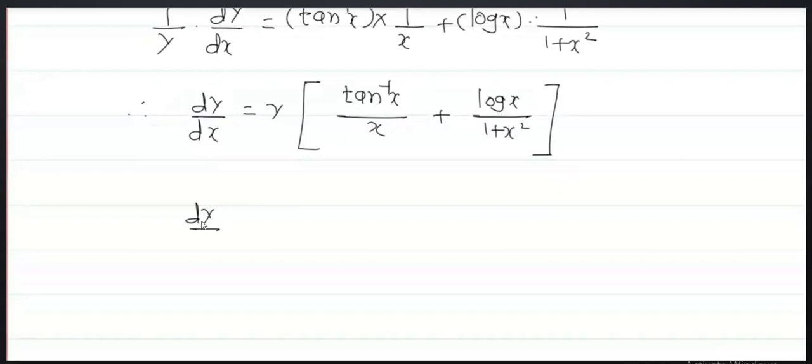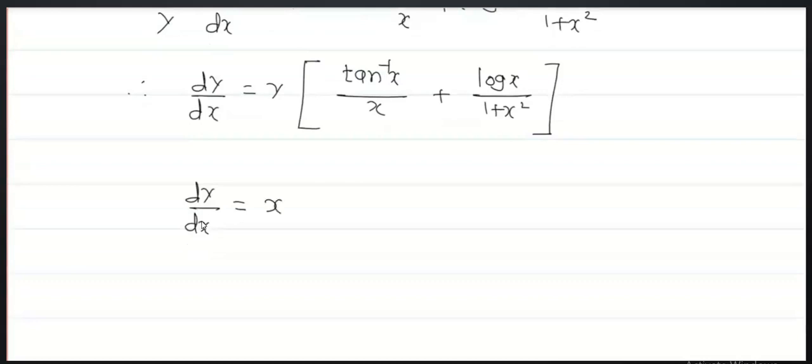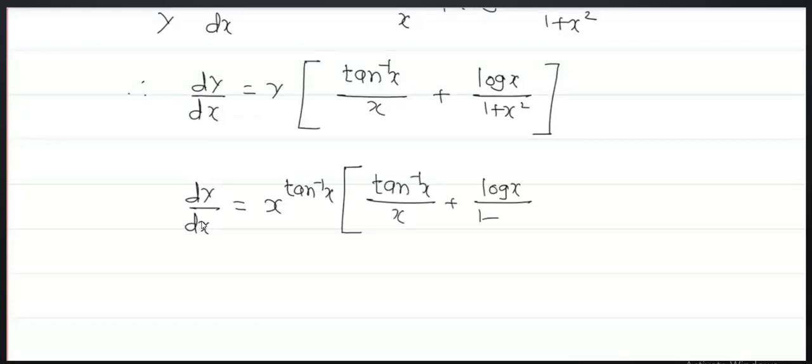Therefore, dy by dx is equal to the value of y, that is x raised to tan inverse of x, into tan inverse of x upon x plus log of x upon 1 plus x square. This is the dy by dx.